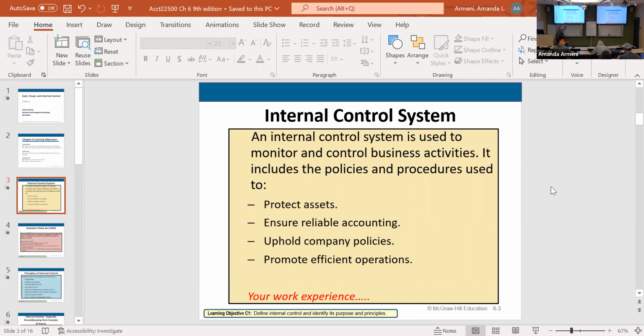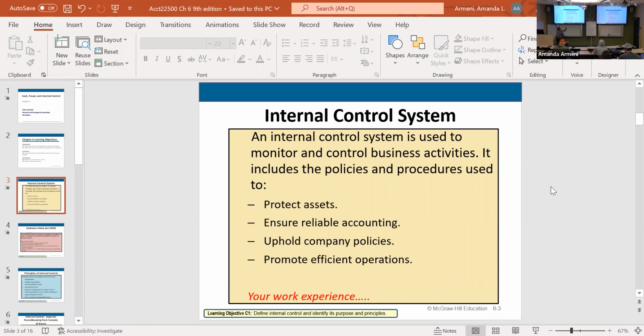And so what the internal control system needs to do is to make sure that all of those activities, all of those processes go off without a hitch, that they happen the way that they are intended to happen, that nothing goes wrong on a day-to-day basis with those types of activities, okay? And so the internal control system is built to make sure that nothing goes wrong on a day-to-day basis.